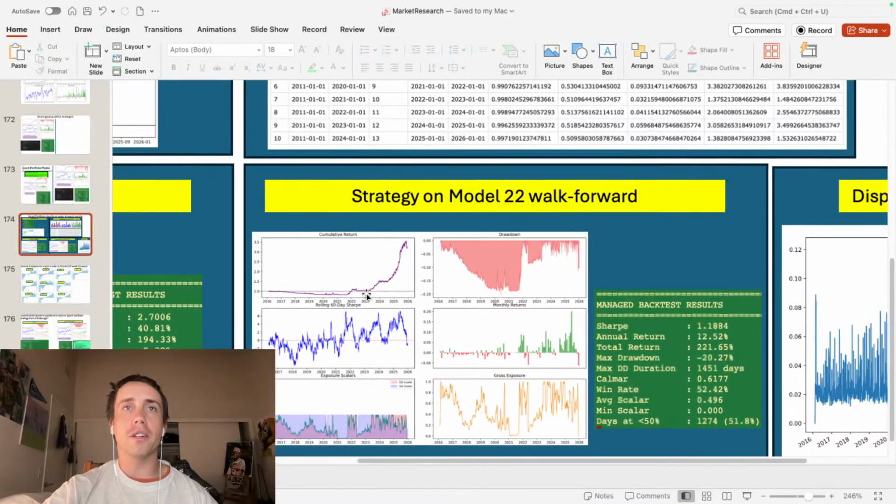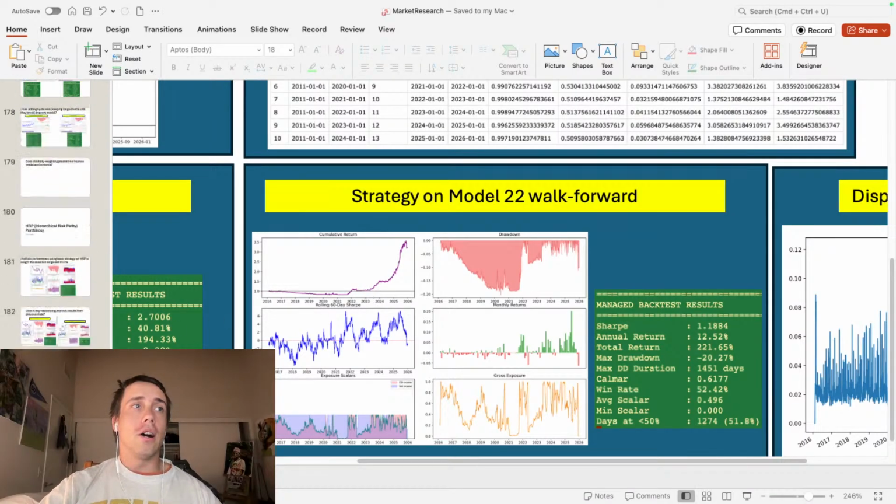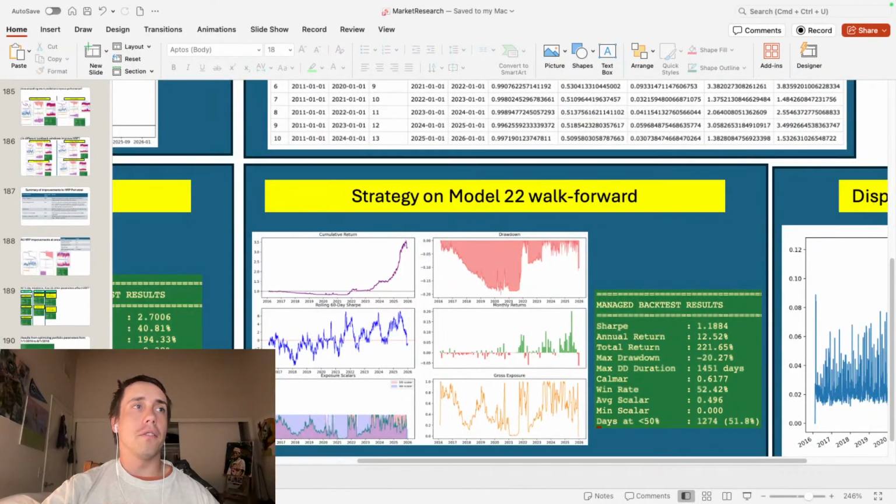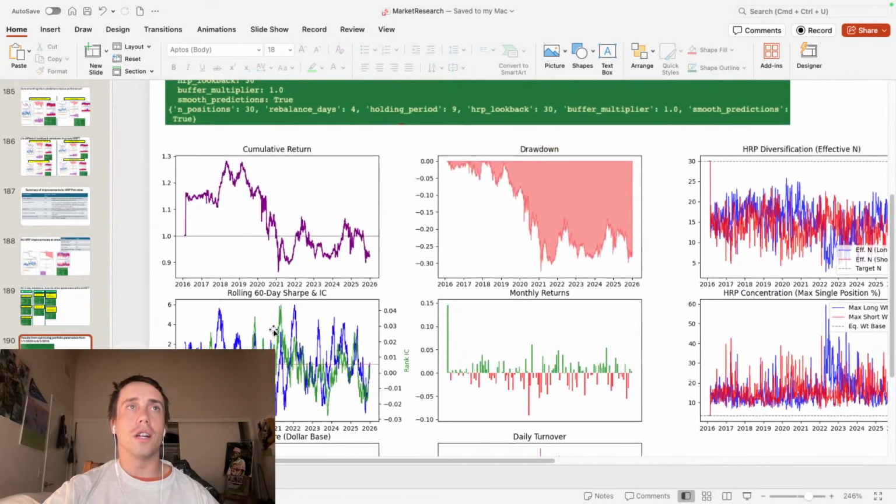However, when I expanded the same strategy and applied it to the walk forward model, you see it went underwater from 2016 through the end of 2021 and only went really high after mid 2023, about the same starting point as the earlier model. So now I did try, okay, what if I optimize this model for early times?